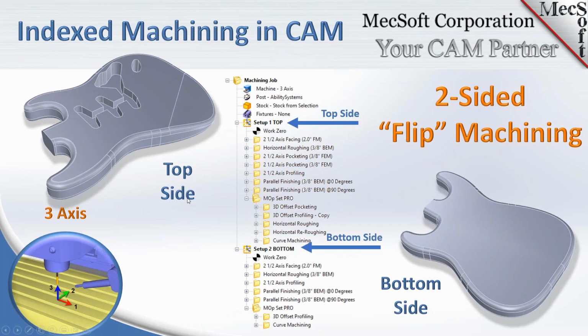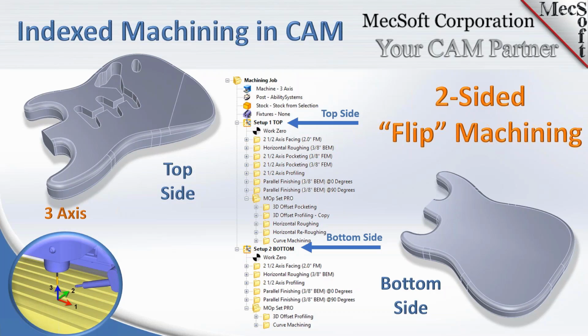Now we're going to work our way up from 3-axis to 5-axis. What you see on the screen here is a 3-axis, 2-sided part. In 3-axis, you have an index by default. In other words, when you start machining, that's an index position by default.